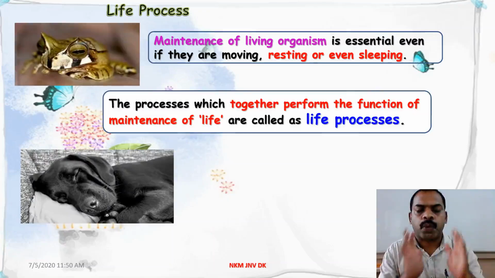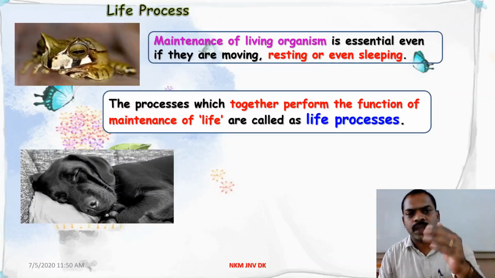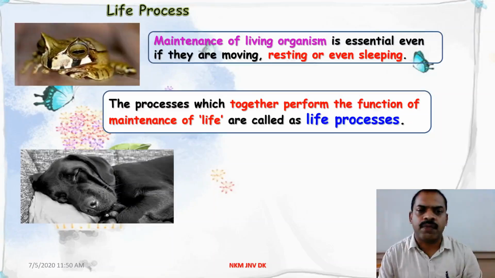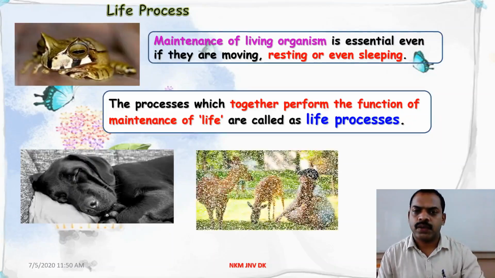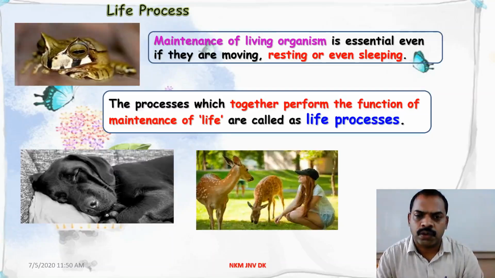All the activities or processes that are required for maintaining the life of an organism are called life processes. So which life process would you notice in the image here? Down at the bottom, the lady with two ears. Yes, nutrition.